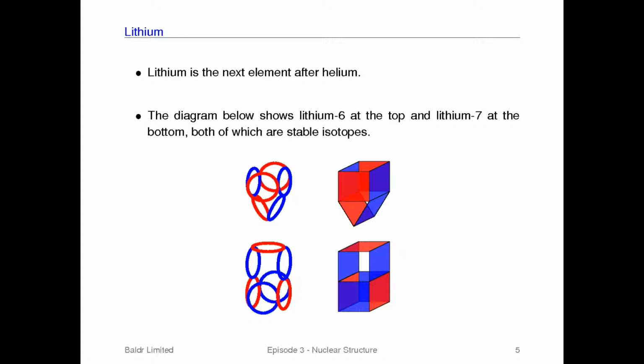Now, moving on to lithium-7, which is shown in the bottom 2 diagrams and contains 1 more neutron than lithium-6. Again, we've got the standard helium-4 box, but this time on the top we've got a hydrogen 3 nucleus of a neutron-proton-neutron. For short, we will refer to these neutron-proton-neutron arrangements as NPN hats.